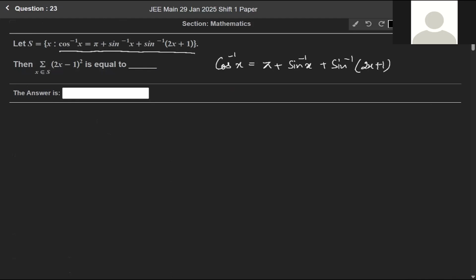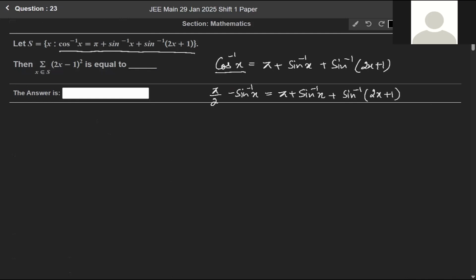So cos inverse x can be written as pi by 2 minus sine inverse x. So it will be equal to pi plus sine inverse x plus sine inverse 2x plus 1.